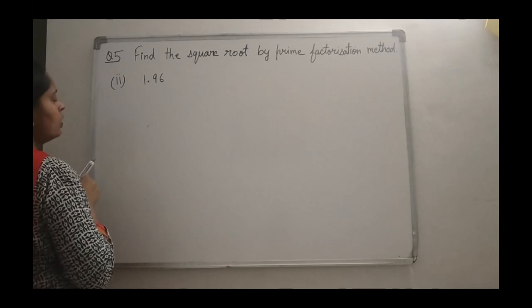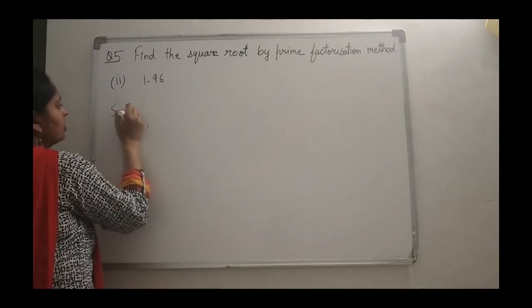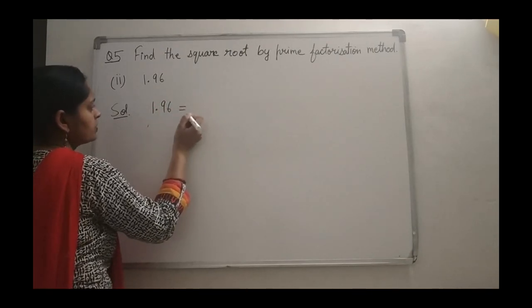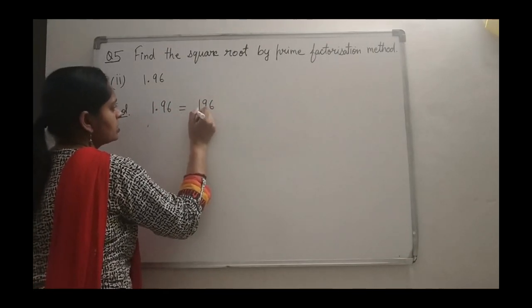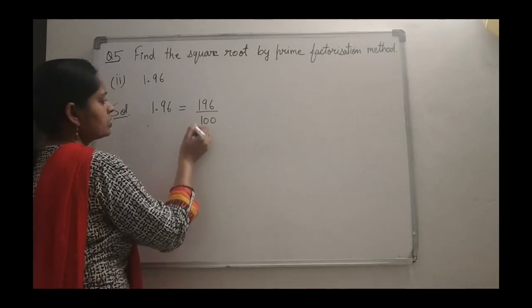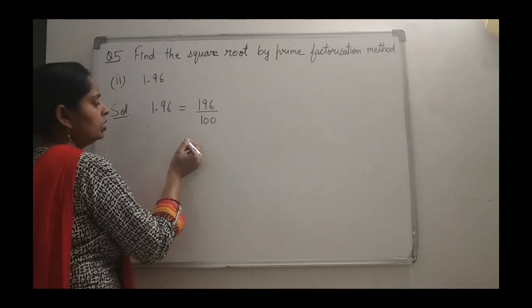1.96. We have to find the square root for this. So first we will turn it into a fraction. 1.96 is there. So we will turn the decimal into a fraction. So 196 upon 100. So we will do the prime factorization for the numerator and for the denominator both.